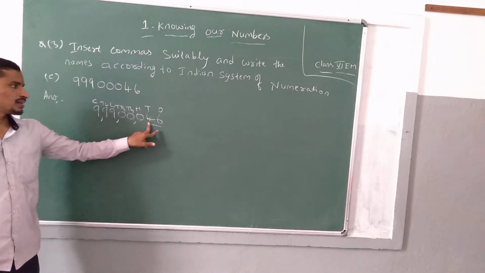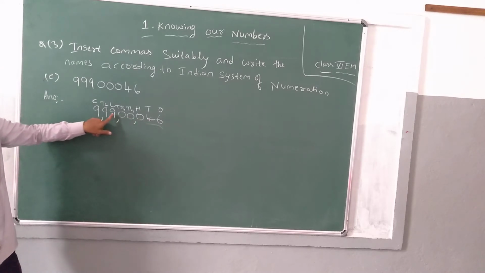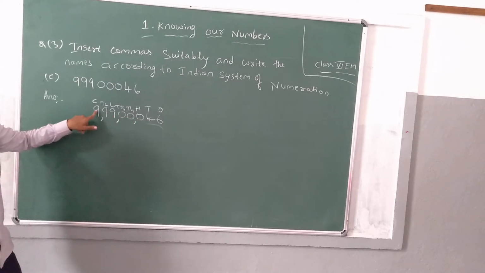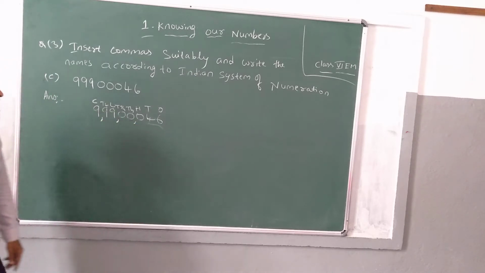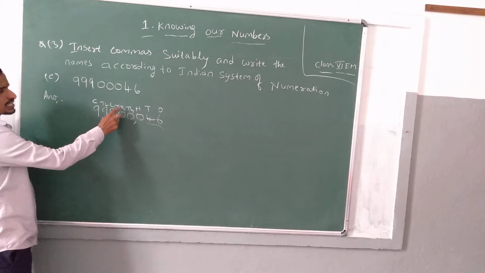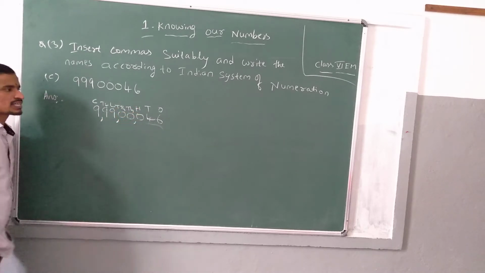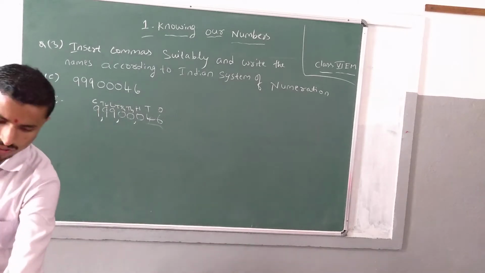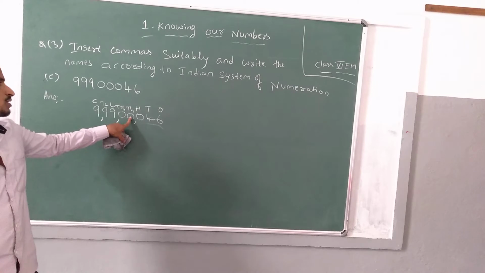You can see here: ones, tens, 100, 1000, 10,000, lakh, 10 lakh, crore. 9 crore 99 lakh 46. Understand here, 10,000 place is 0, 1000 place is 0, 100 place is 0. So you should not pronounce 10,000, 1000, hundreds.